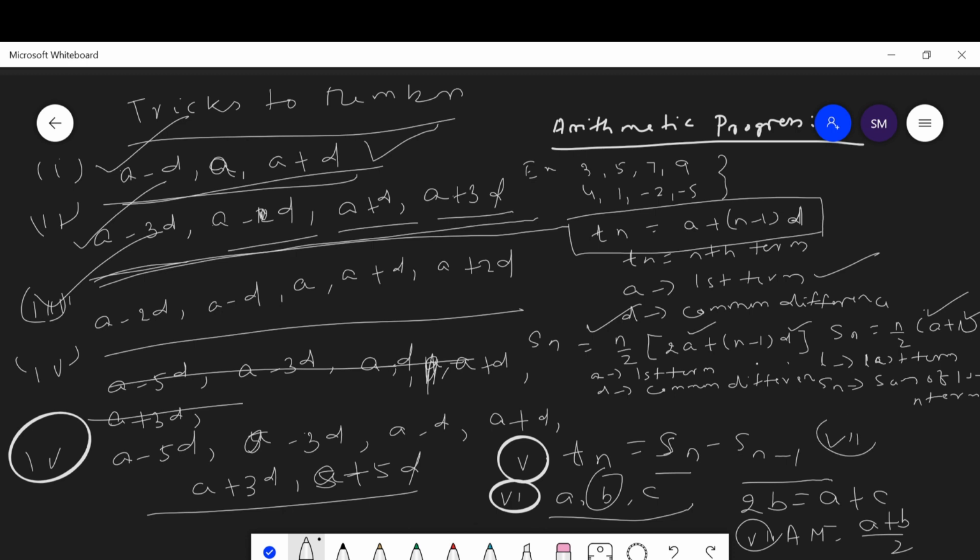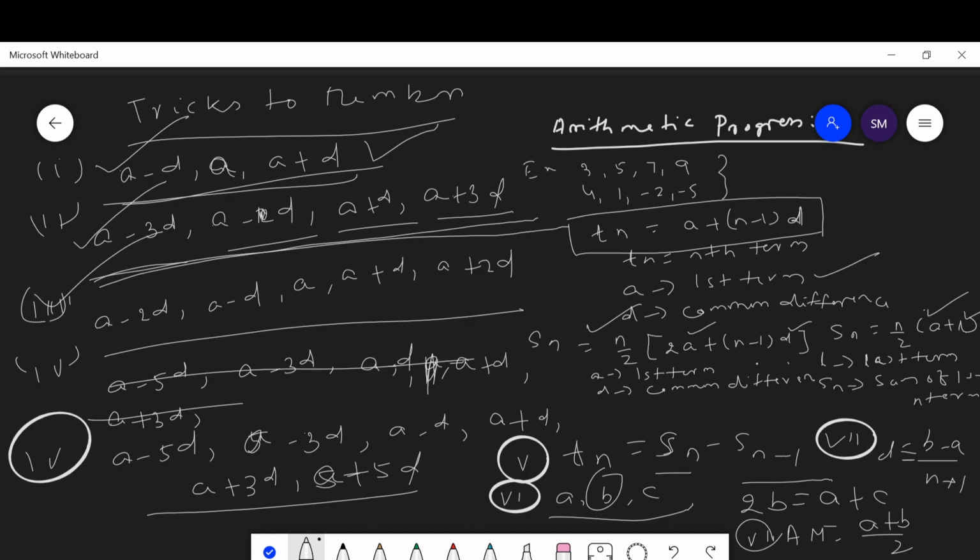Then the 7th trick says that if there are n arithmetic means between A and B, then the common difference D is equal to B minus A upon n plus 1.